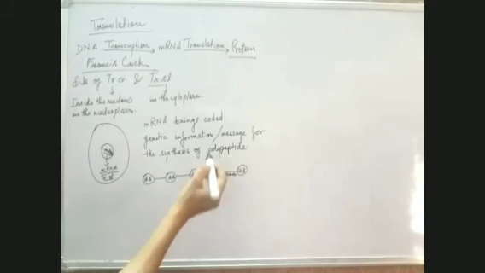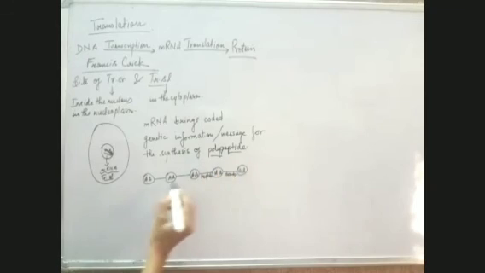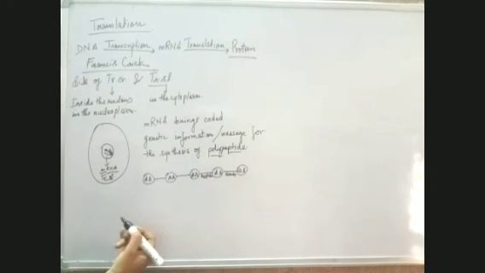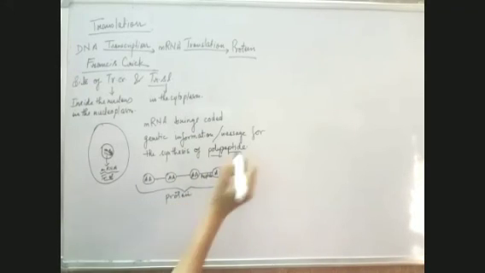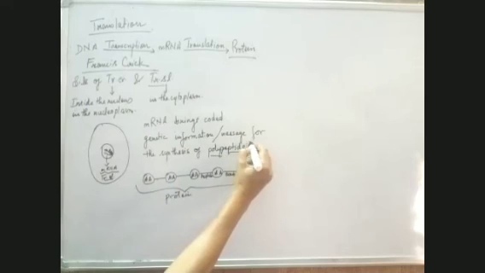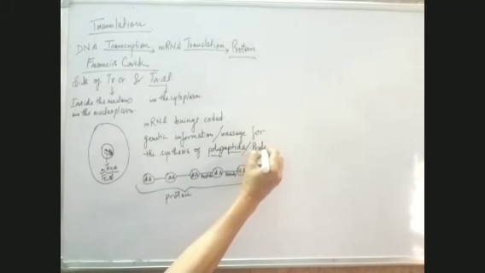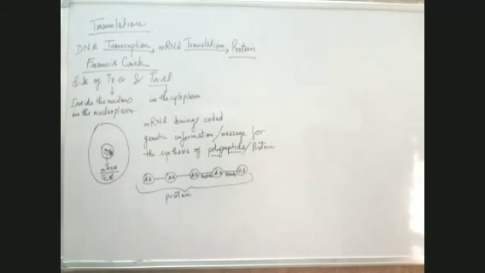Poly means many, and peptide means these. Many peptides are there. So this is a protein. We can also say synthesis of polypeptide or protein. So it brings the coded message which is required for the synthesis of polypeptide or protein.